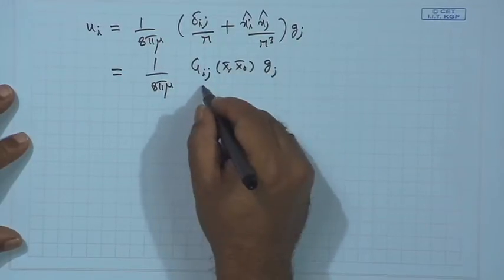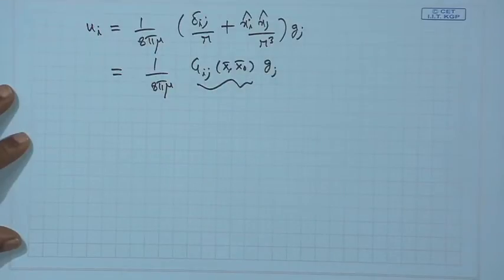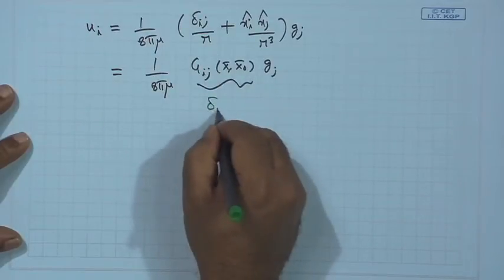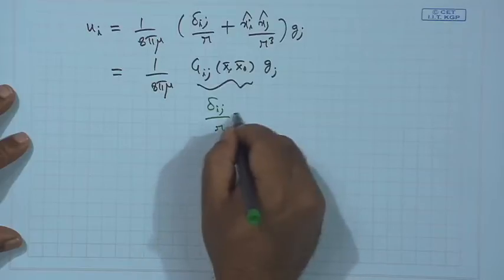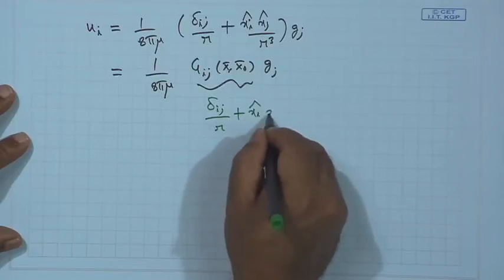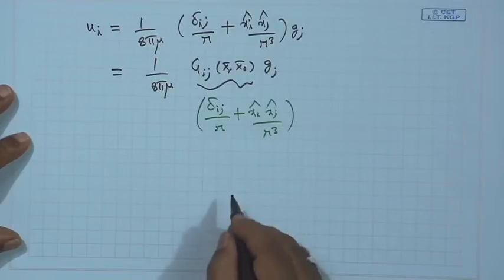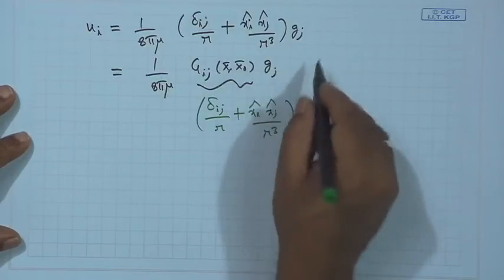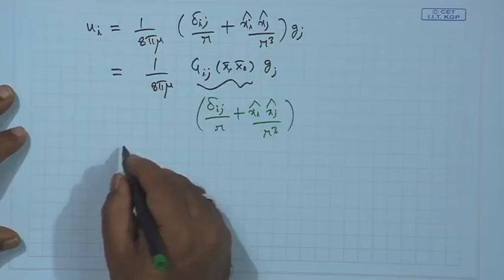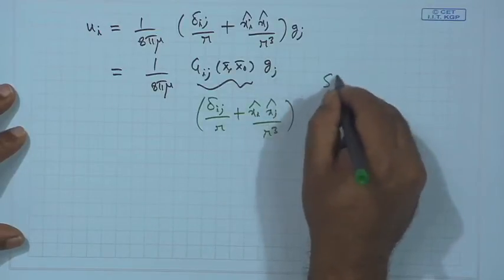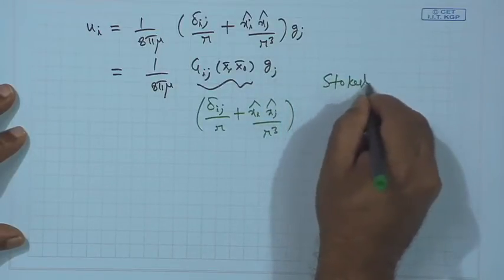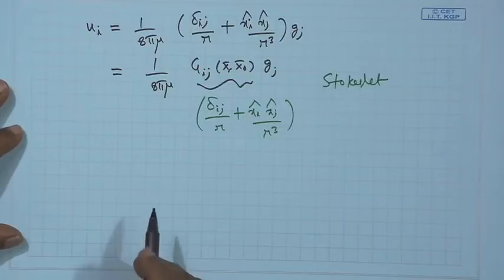So, where this denotes the tensor, and this particular P we have already got. Okay. So, this particular solution is called the Stokeslet.